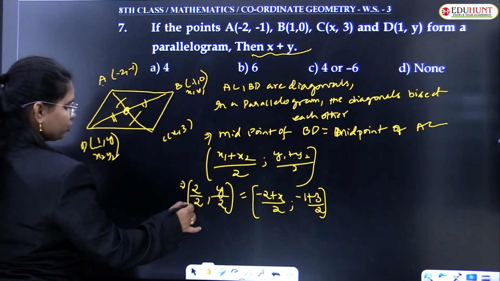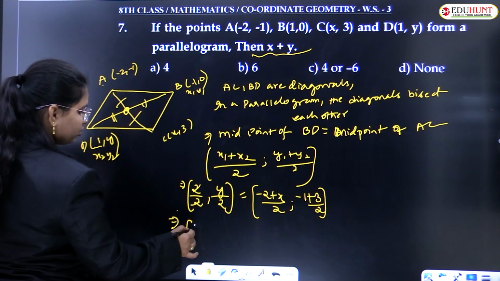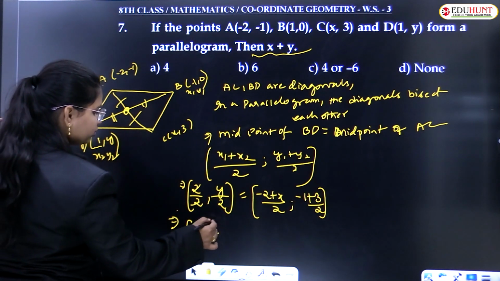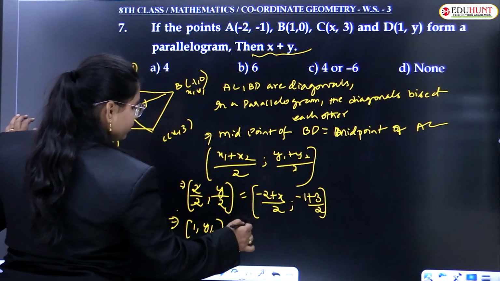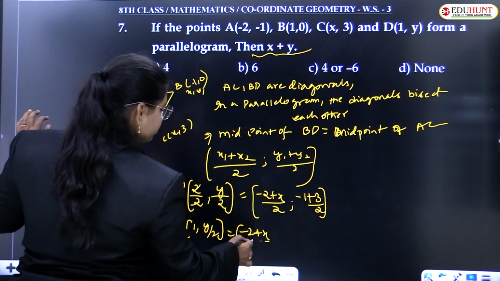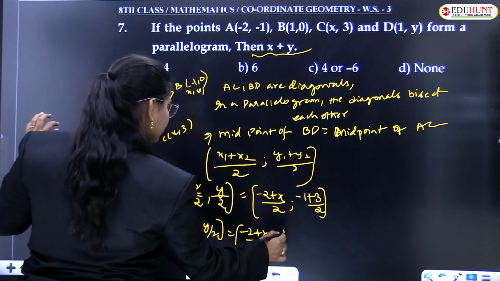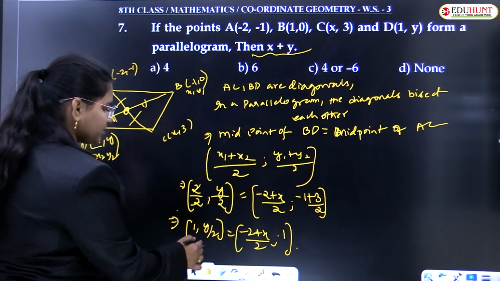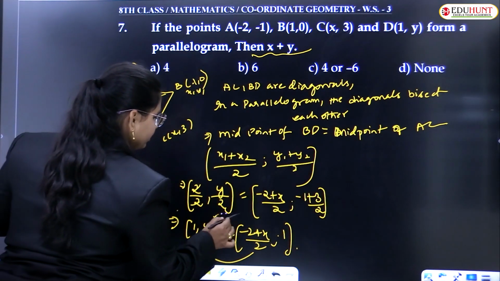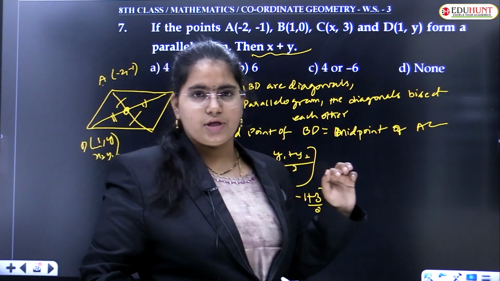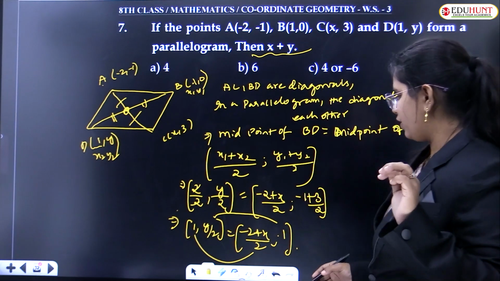2 divided by 2 is 1, comma y by 2, is equal to (minus 2 plus x) by 2, comma (minus 1 plus 3) by 2, which is 2 by 2, again 1. Just equate this with this and this with this in order to find x and y.